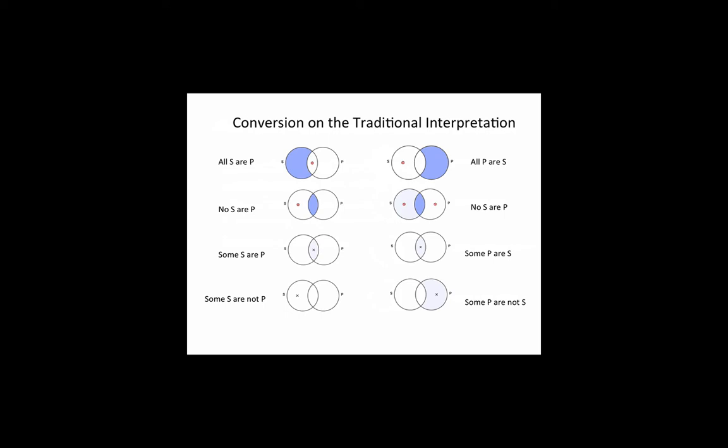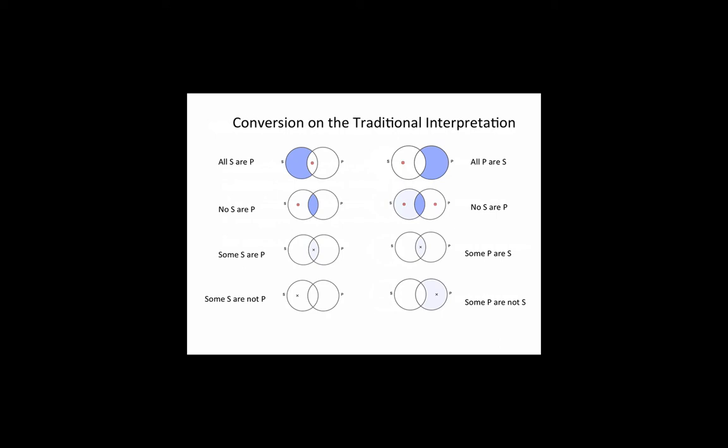But if we just convert the A proposition, we can see that the two diagrams are not equivalent. You'll see that the E and the I propositions are respectively equivalent to their originals. Notice that for the E proposition, I mentioned this earlier, we assume existential import technically for both the subject and predicate classes because they're reciprocally distributed.